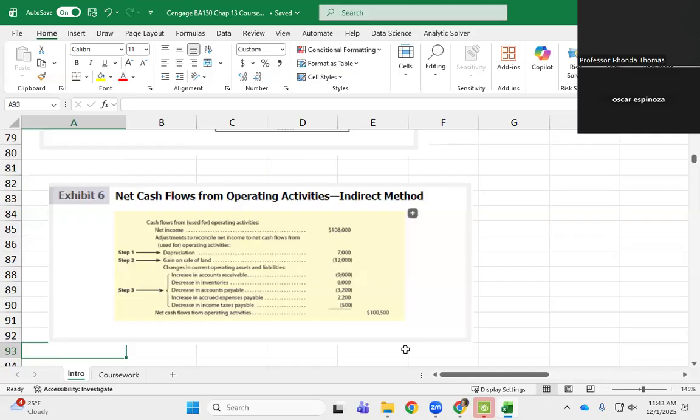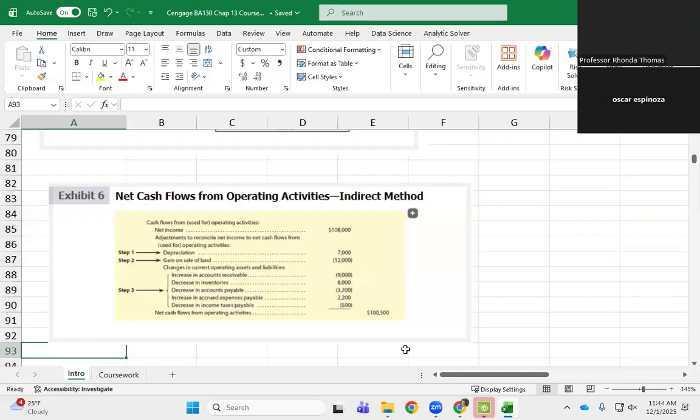Okay, so we're going to always start with net income. That's the very first amount. Whatever we came up with. You say, what if it's a net loss? Well, we would start with that. Okay, but we would start with a negative number.